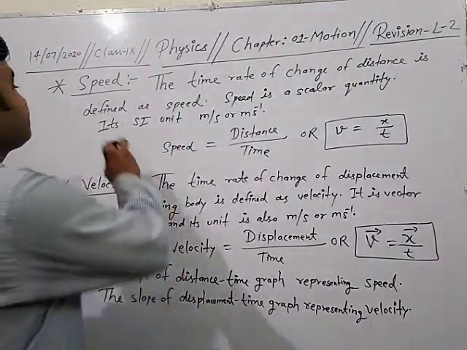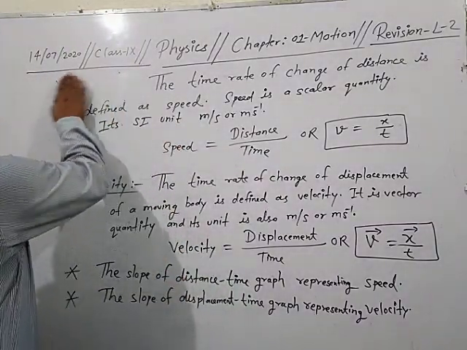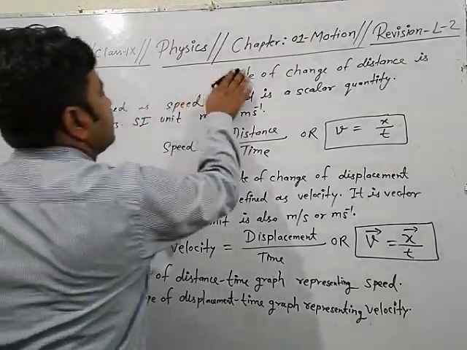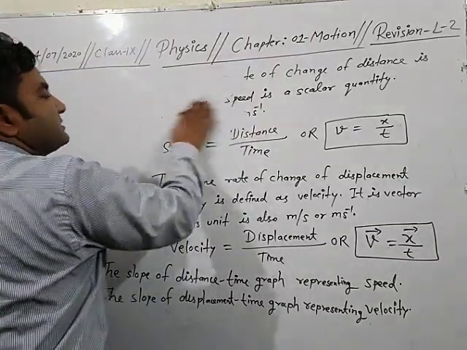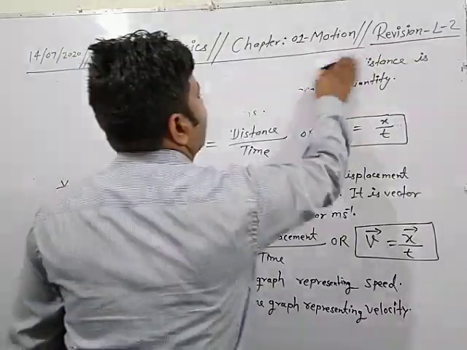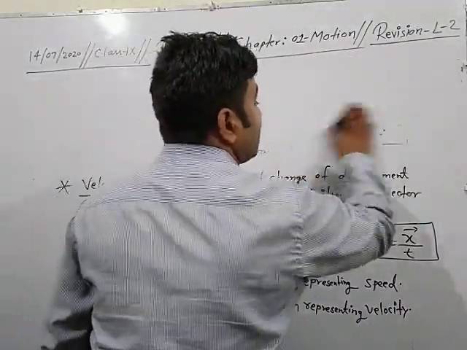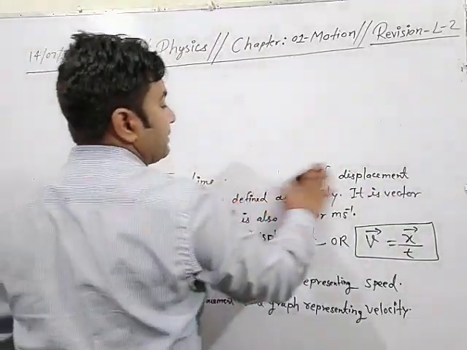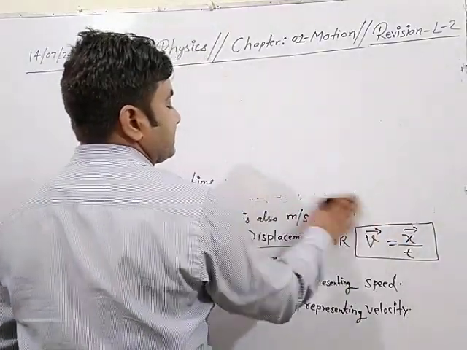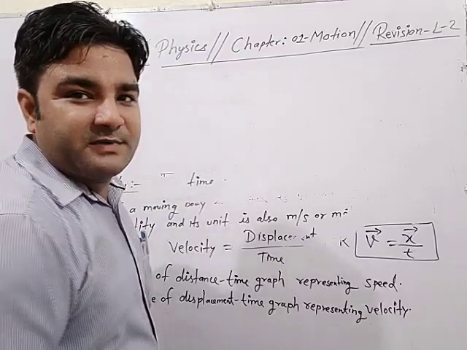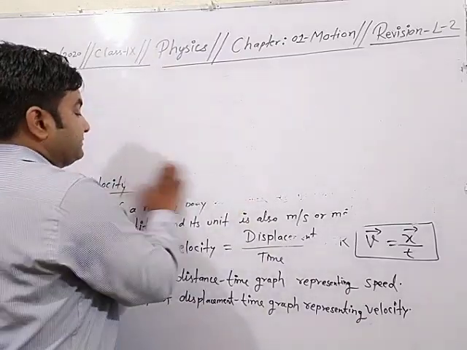Just see, average speed means a simple formula: total distance upon total time. In another concept, we can also say that average speed means total displacement upon total time.